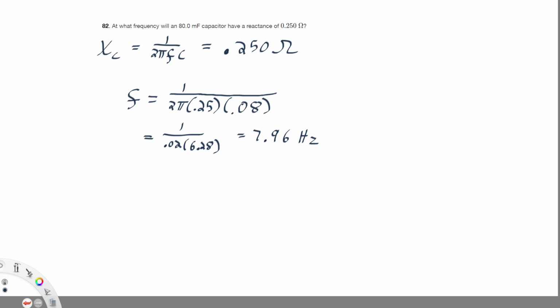Let's grab another one of these problems. We're going to pull one of these. This is from the motional EMF.